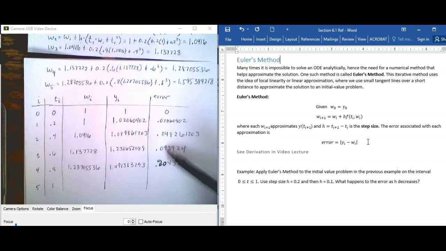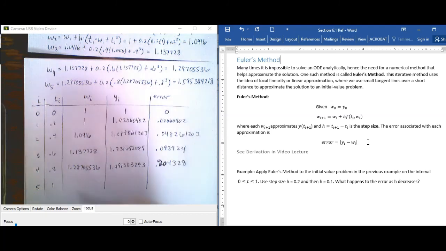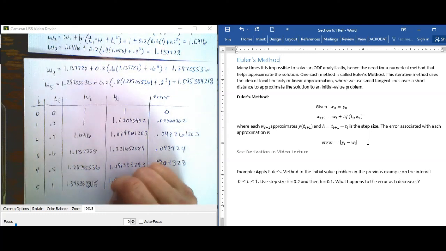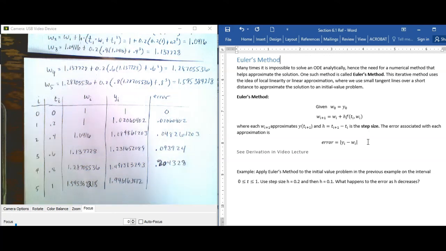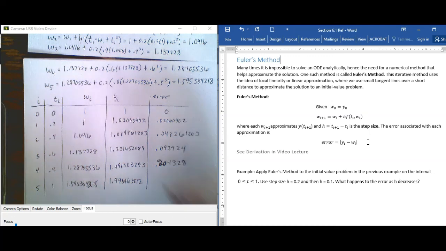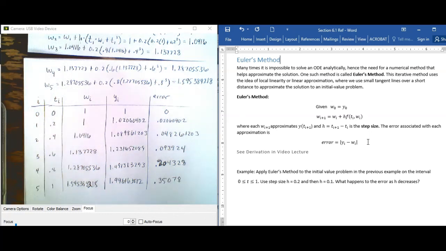So you can see our error is increasing. And then finally, 1.946163812 gives us 0.35078 approximately.